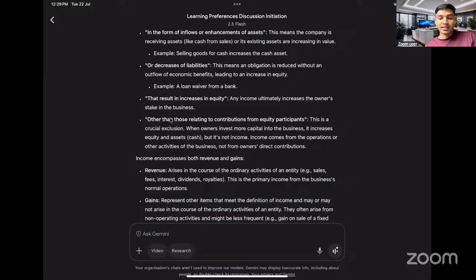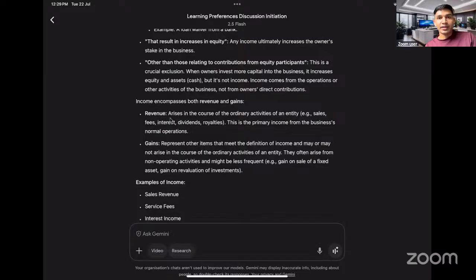Income encompasses both revenue and gains. Revenue arises in the course of the ordinary activities of an entity, for example, sales, fees, interest, dividends, royalties. This is the primary income from the business's normal operations. Gains represent other items that meet the definition of income and may or may not arise in the course of the ordinary activities of an entity.